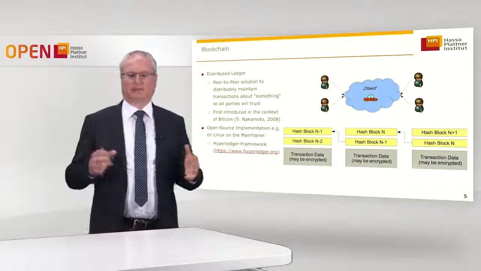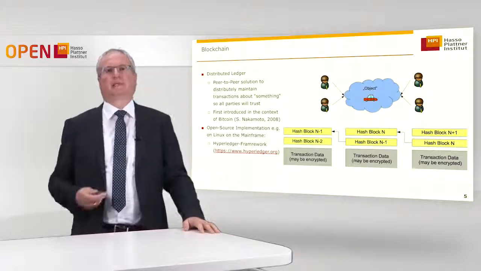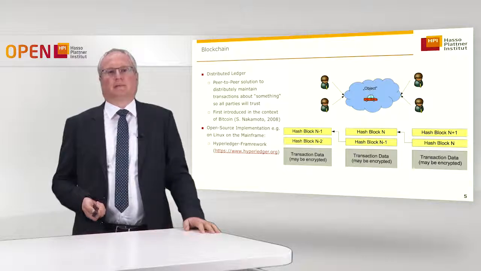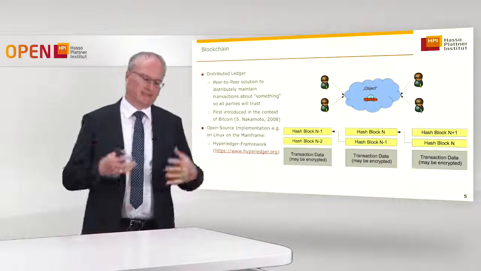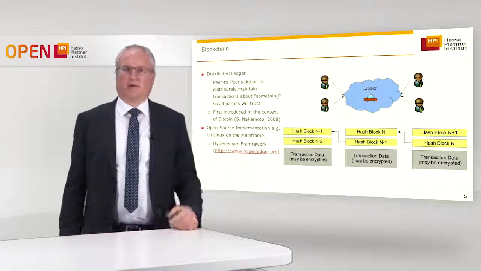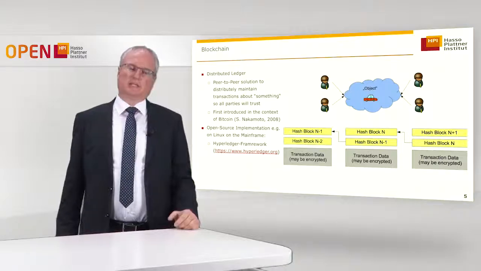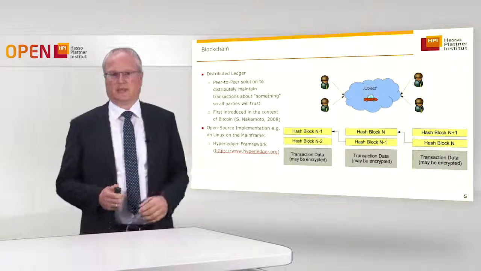This is a sort of pseudonym of an unknown person, and it was proposed in the context of Bitcoin. Bitcoin works in that sense that you have a distributed ledger, and there is no central party that all parties need to trust. And this basic idea can of course be transferred to completely different business scenarios.